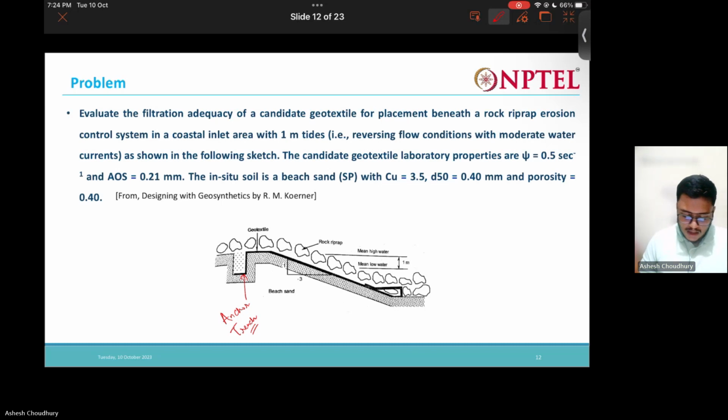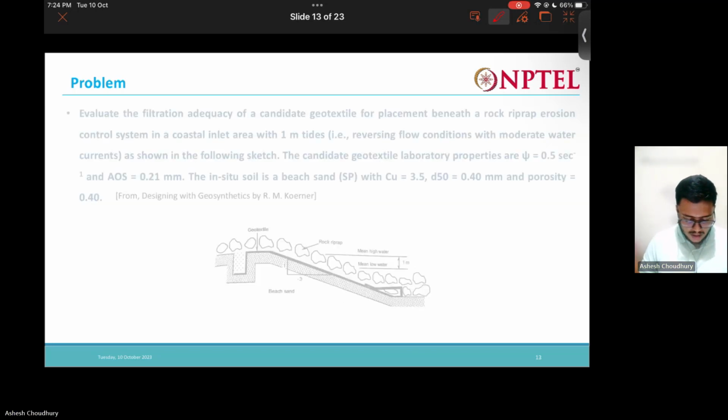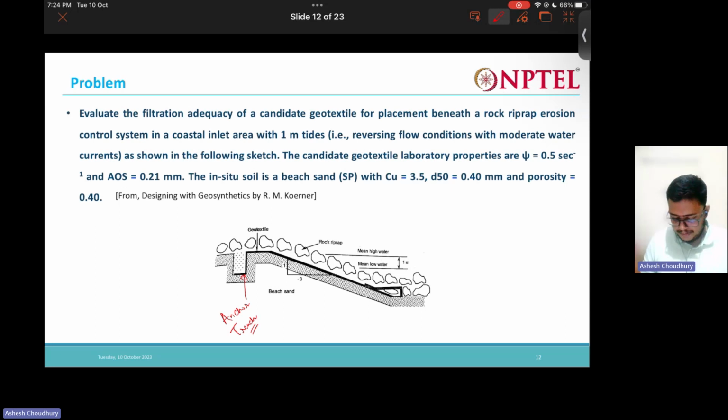The in situ soil beach is a poorly graded sand with Cu, density and porosity given. Now the mean high water and mean low water, the difference in this height, is given.